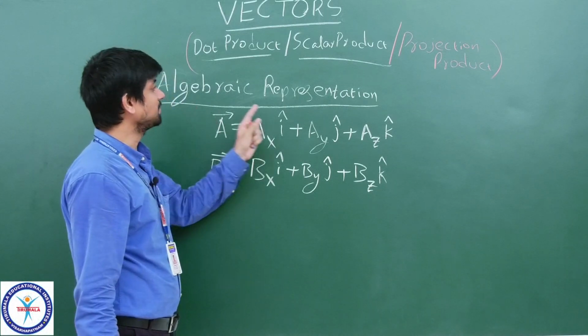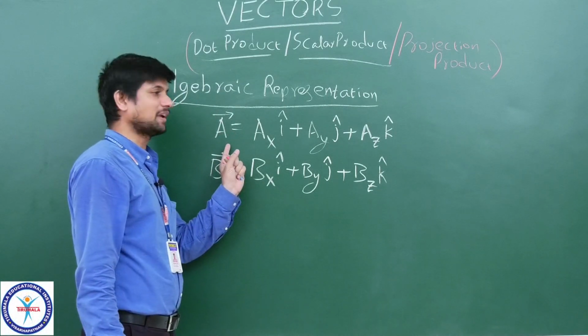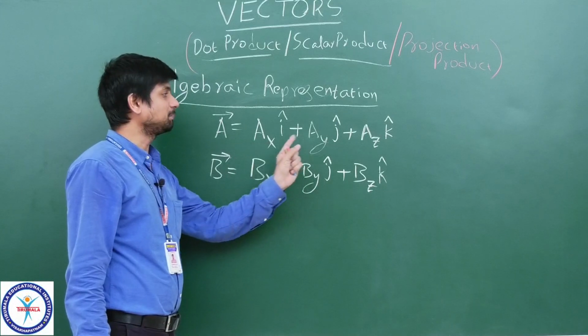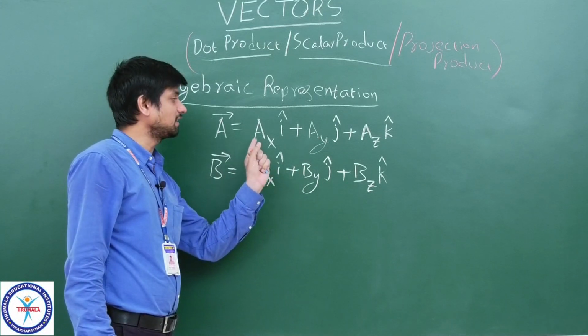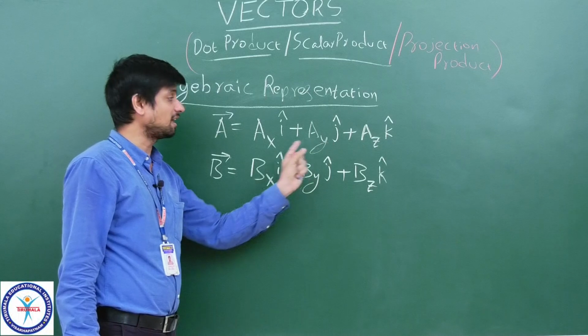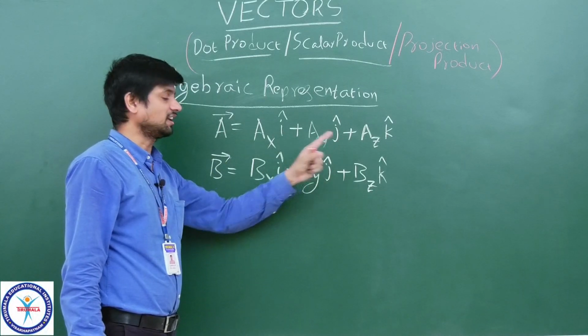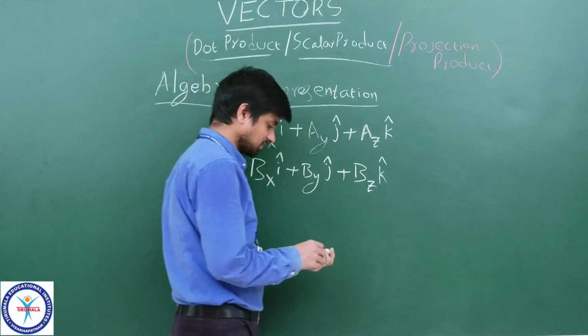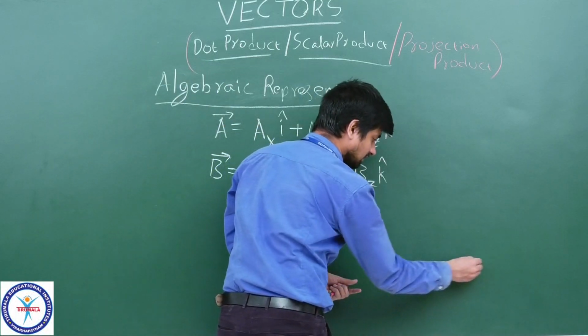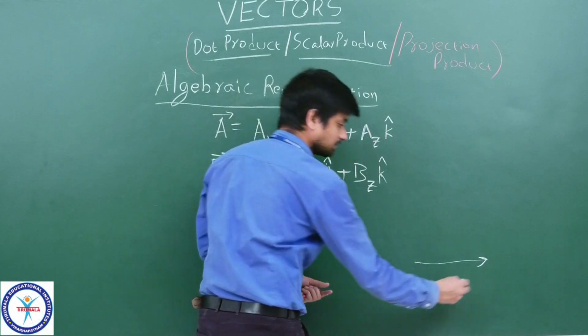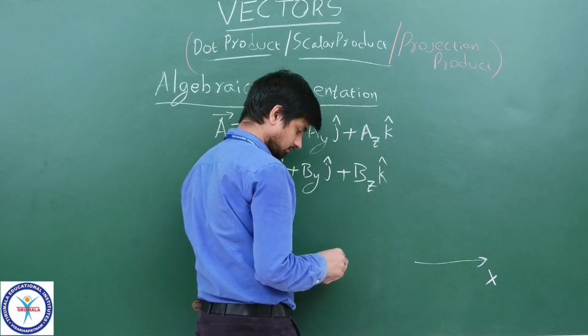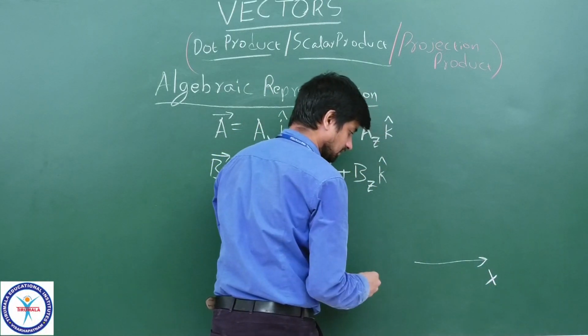See here, the algebraic representation of the vector. One vector A is represented in this way by using its coordinate components, scalar components, and the unit vectors i, j, k. So see here, this is x.